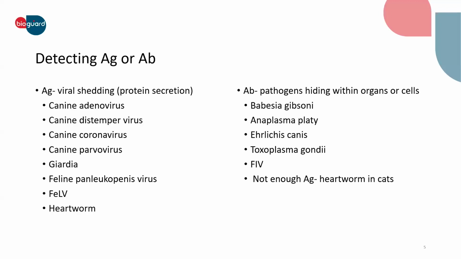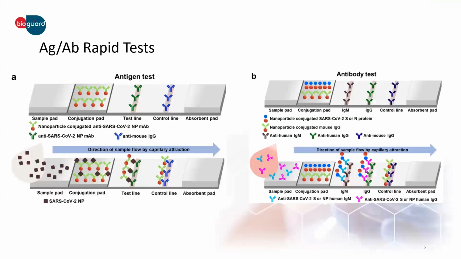In that case, it's not easy to detect the secreted antigen from the mature female heartworm. So for heartworm, sometimes you can also find a rapid test detecting the antibody.